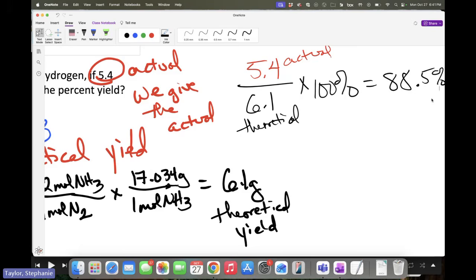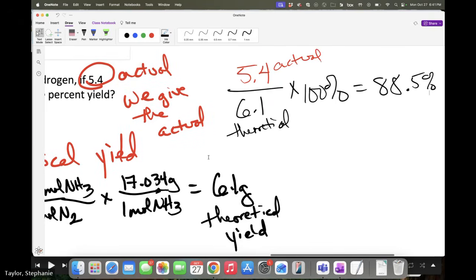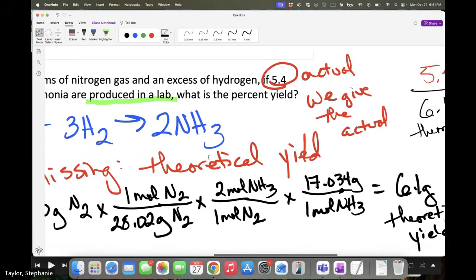So that's an example of percent yield. So hopefully that helps with that.